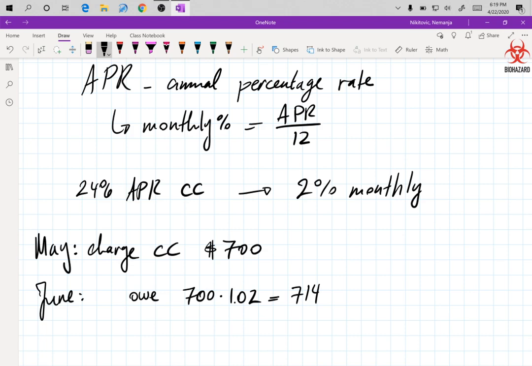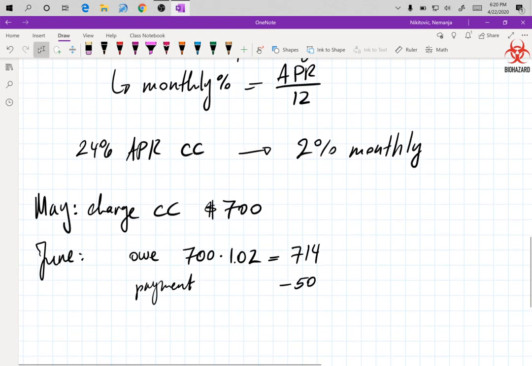So let's say you make a payment of $50. Now going into July, you owe $664. I was about to say 666, but no, it's 664. So that's how much you owe now, going into July.